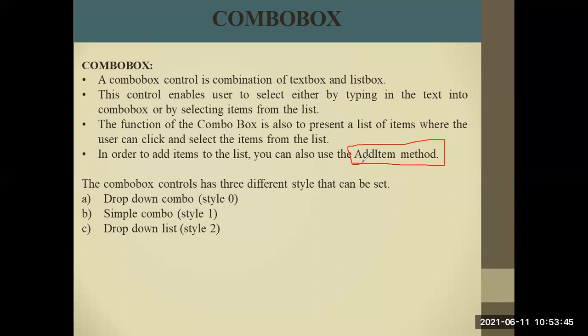So you have to remember, generally they will ask what a combo box is. To explain, the combo box is nothing but a combination of a text box and a list box. It's used by the user to give input either as text, or to select items from the list. Apart from that, we can add items to the list by using the add item method.